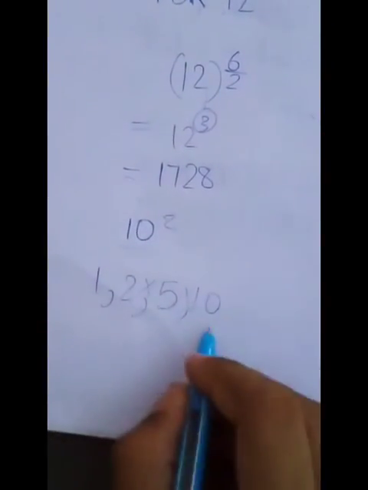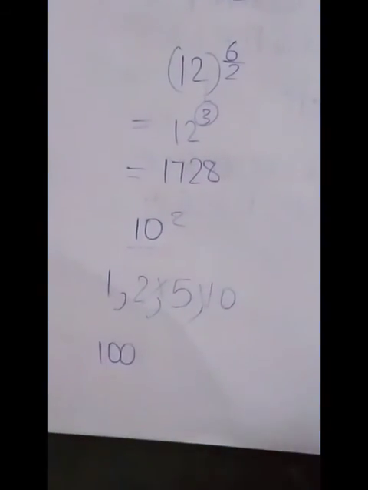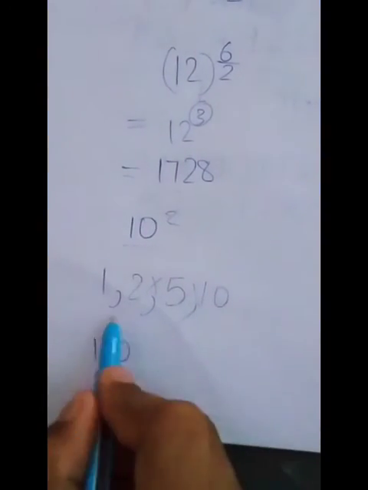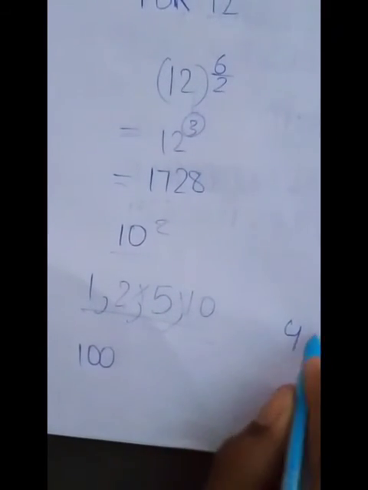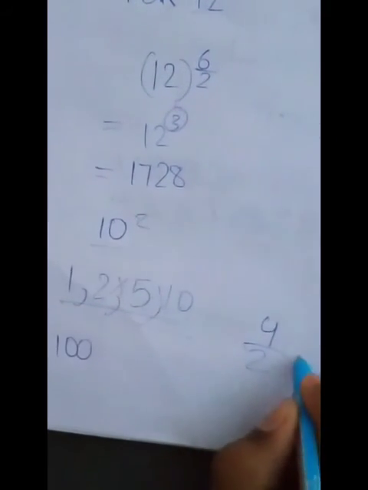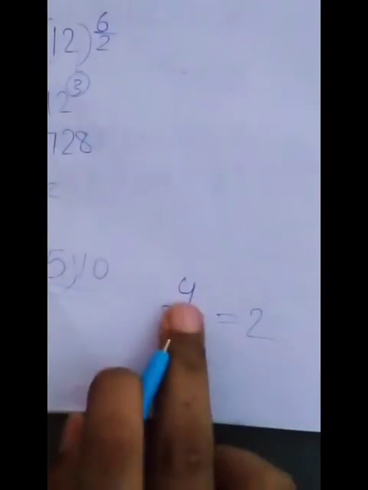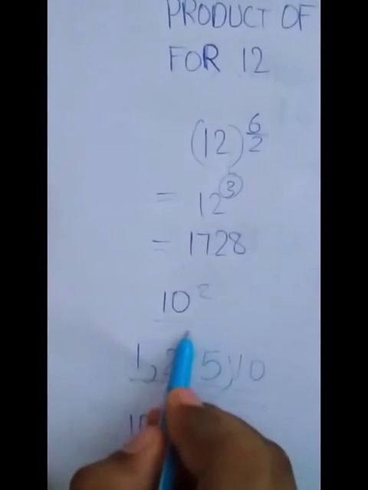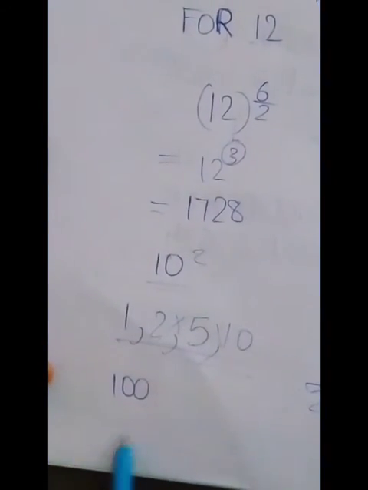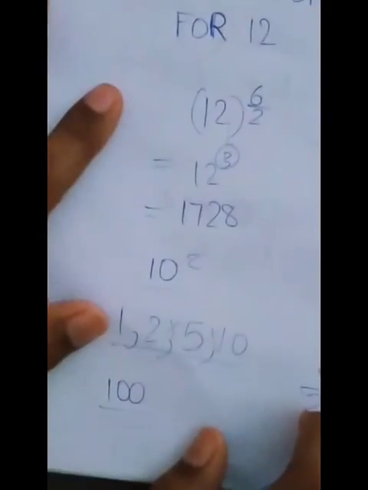So the product of factors of 10 is equal to 100. That's simple. Half of 4 is 2, then 10 power 2 is equal to 100. So that's the answer.